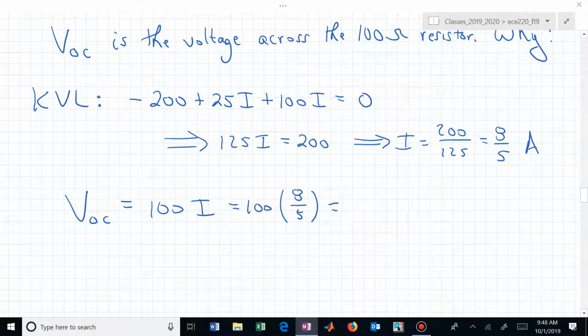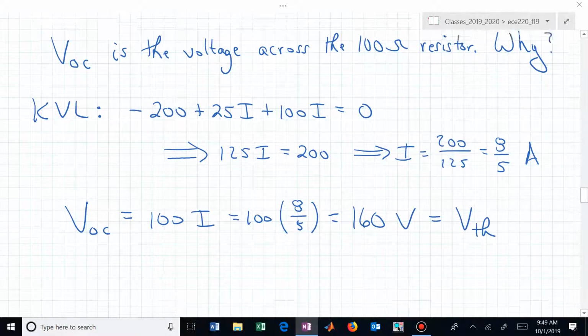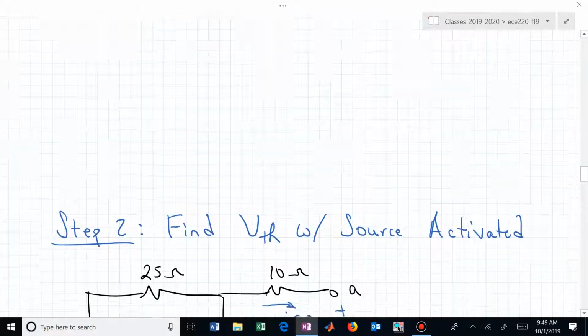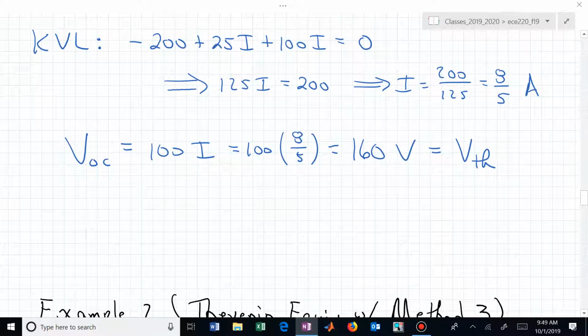One of the reasons I didn't divide that out, now I have this being 160 volts. And that is the Thevenin voltage. I now have the Thevenin resistance from step 1, 30 ohms. I have the Thevenin voltage from the second step.